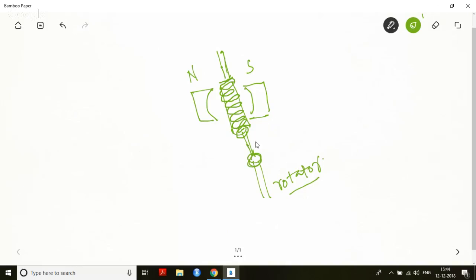My objective is, I know that by Faraday's law, if there is a changing magnetic field in this current carrying conductor, current would be generated, and I can utilize that current as output. So these poles are fixed, I cannot rotate the poles. What can I rotate? I can rotate this particular core which contains iron. Just give me a moment, guys.